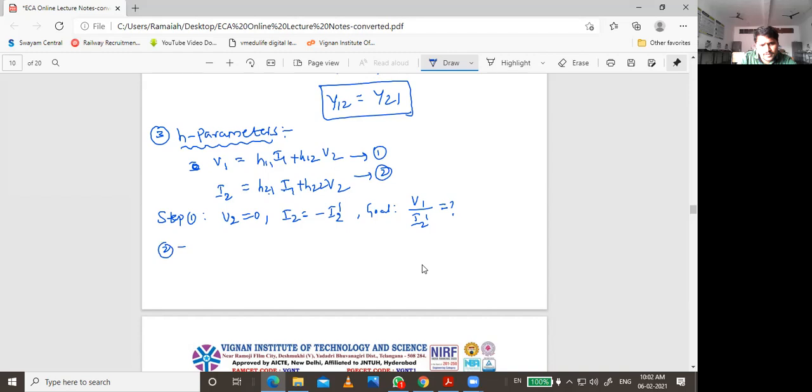From equation 2, I2 equal to minus I2 dash equal to H21 I1, since V2 is 0 and this entire term is 0. So from this, I1 equal to minus I2 dash by H21.